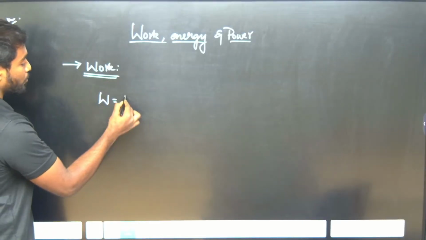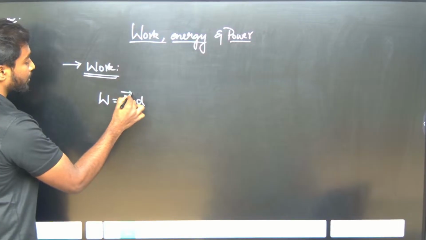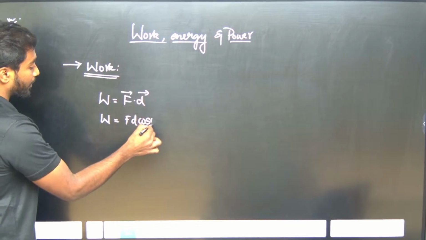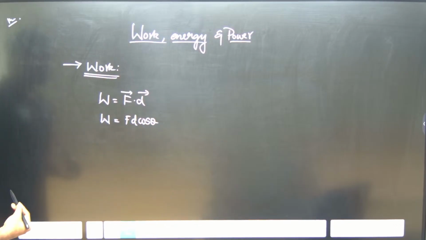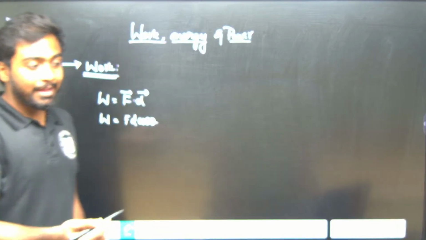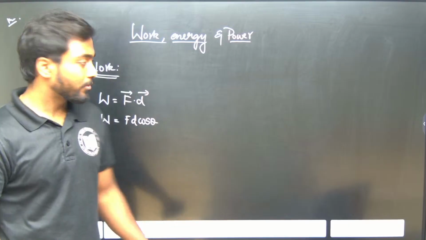So the work formula is nothing but W equals F dot S. We know that force is a vector and displacement is a vector. When I do the dot product of both vectors, I will get a scalar. The second point is that work is F d cos theta or F s cos theta. Then another form is for a variable force; this one is a constant force.